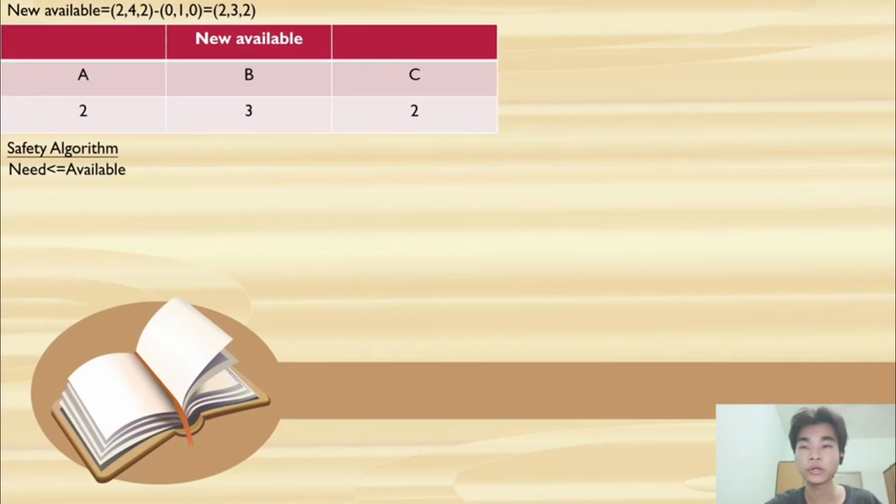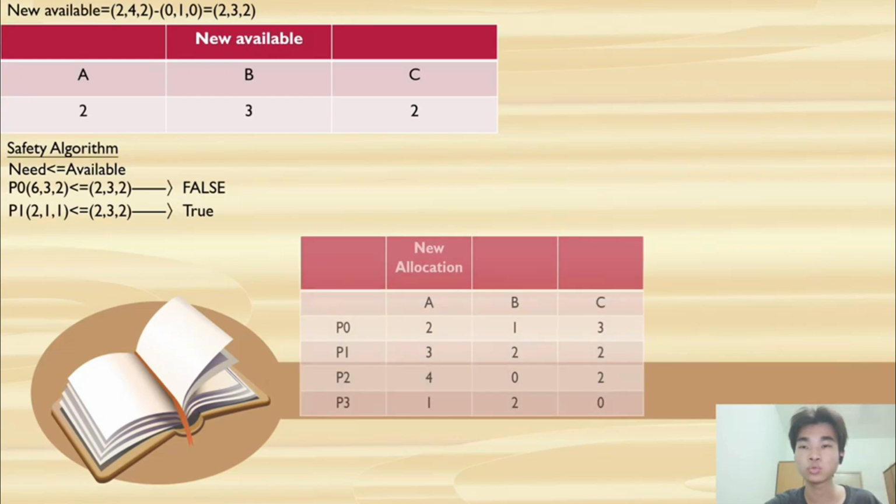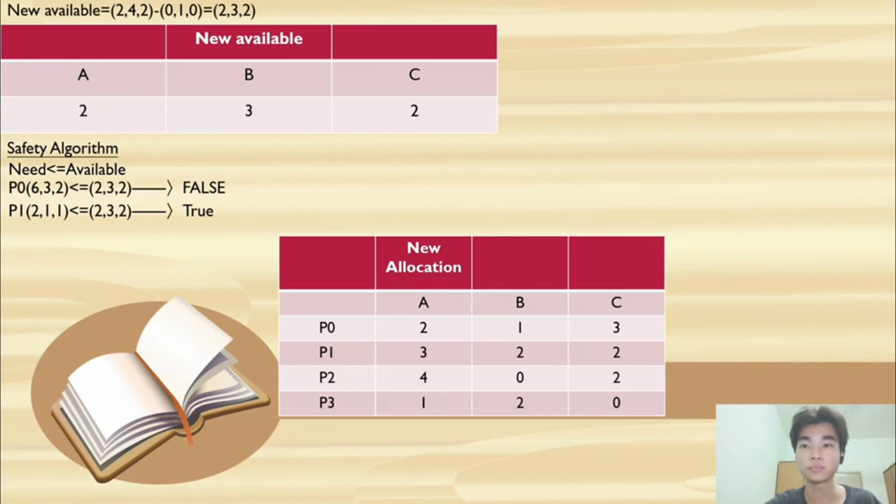In the safety algorithm, the need must be less than or equal to available. P0 632 less than or equal to 232 is false. P1 211 less than or equal to 232 is true. If the need is less than or equal to available, we plus the allocation.